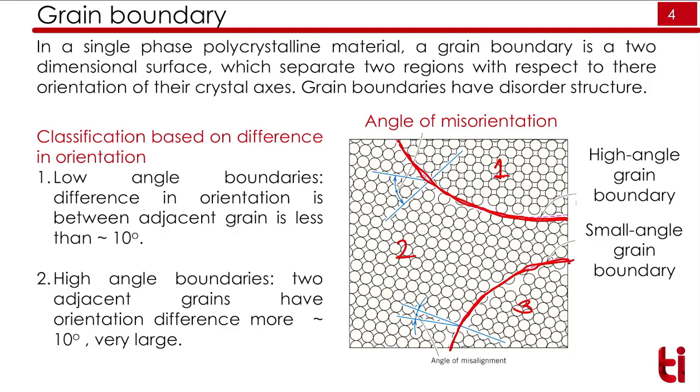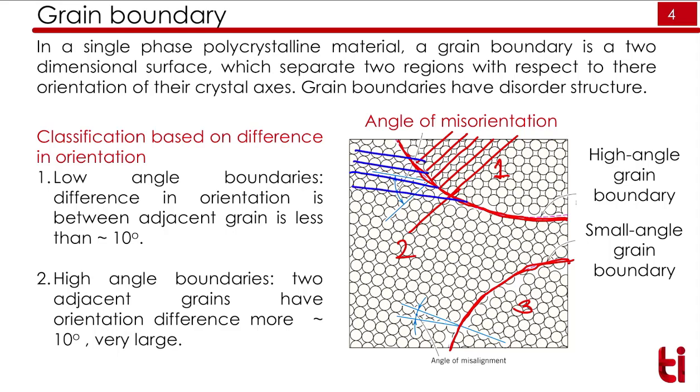Now if you see the orientation of these grains, it will have some angle mismatch. For example, the orientation of grain number 1 will look like this. Now the orientation of grain number 2 is this.